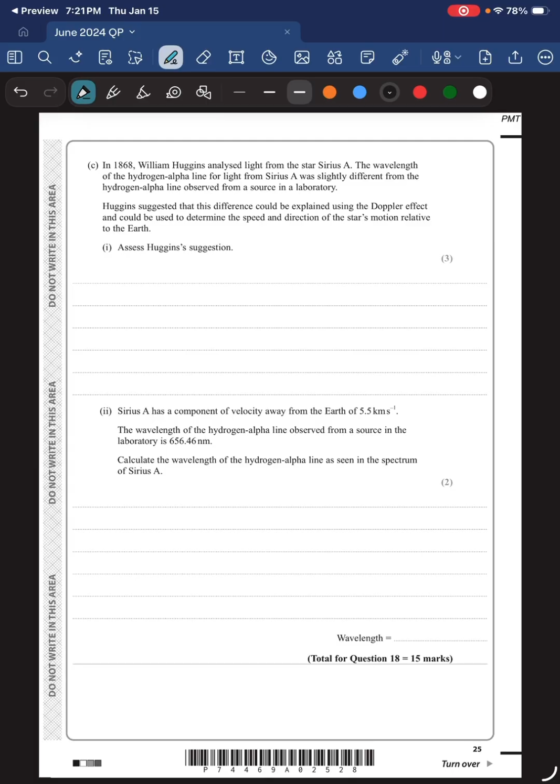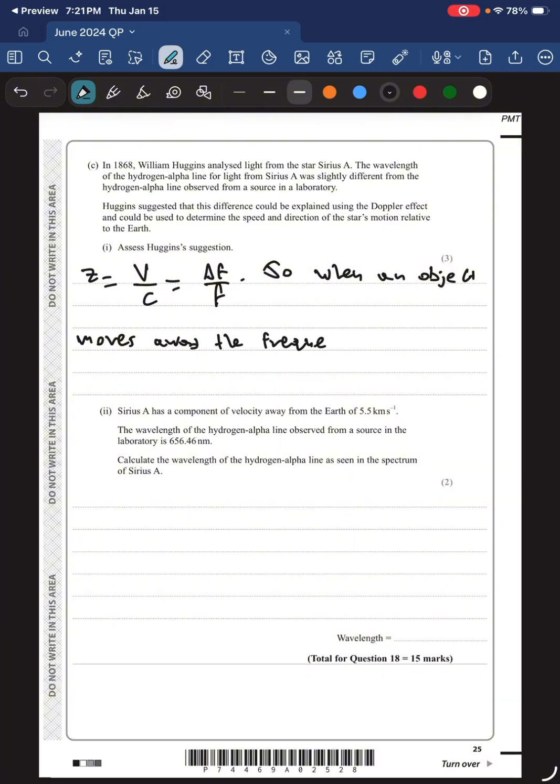Okay, so z is equal to v over c. I mean, this is a Doppler factor, okay? And this is equal to delta f over f. So when an object moves away, the frequency is shifted.